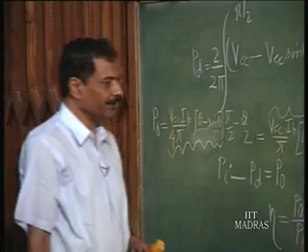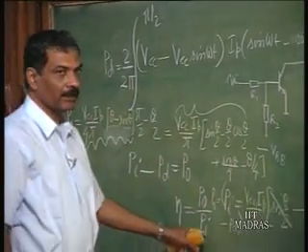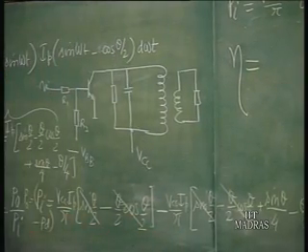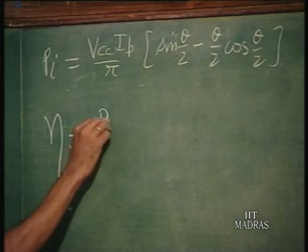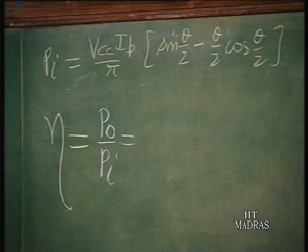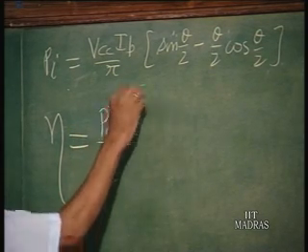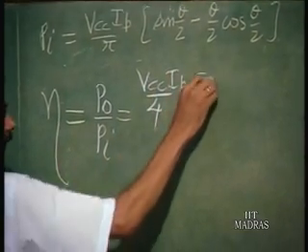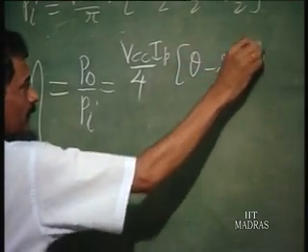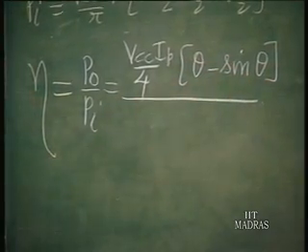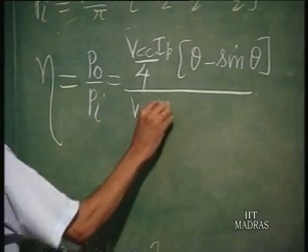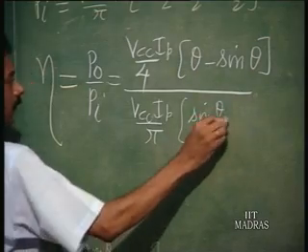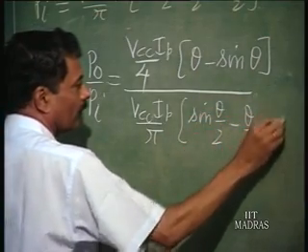Now we are ready for the efficiency, which is output power by input power. So, the efficiency equals output power, being VCC Ip by 4 into theta minus sin theta, divided by input power, which is VCC Ip divided by pi into sin theta by 2 minus theta by 2 cos theta by 2.